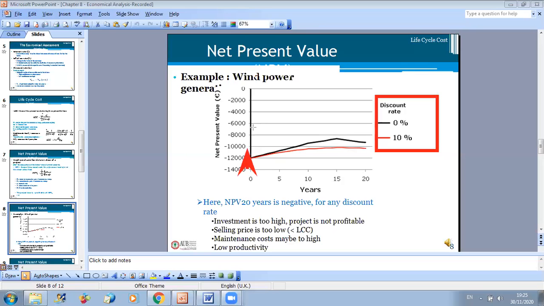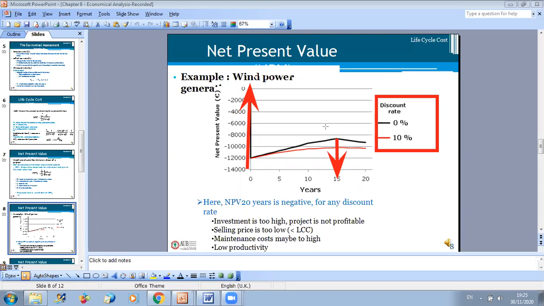So even if I have a discount rate of 0%, it's not working, because when I reach 20 years, I am already with a negative NPV. And even the maximum of NPV is at 15 years, and after this it begins to drop. Why is it dropping?